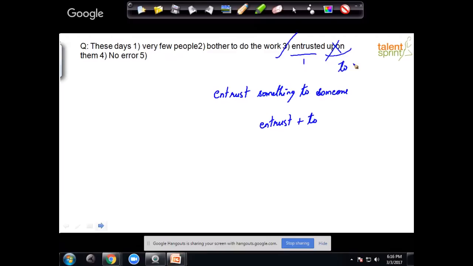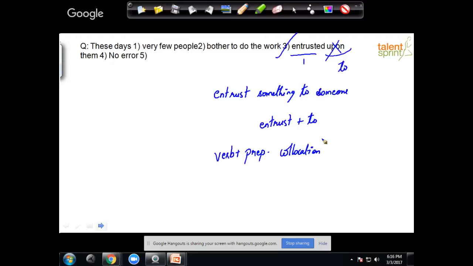Entrusted to them. That's your context, right? So this is nothing but verb plus preposition collocation. I'm sure you know what collocations are, right? Associated words. These two words go together. So usually in many example sentences, if you see the verb entrust, it will be followed by to. Likewise, you need to be familiar with as many verb plus preposition collocations.